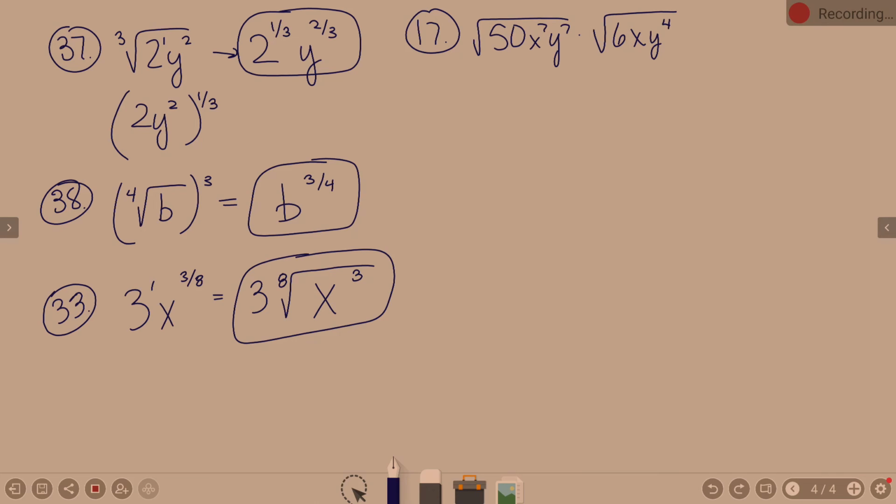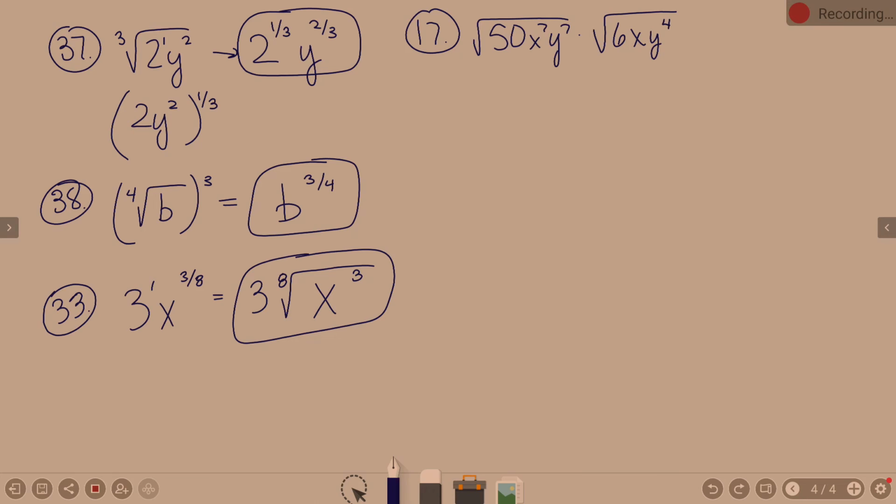Okay, square root 50x to the 7th y to the 7th times square root 6x y to the 4th. Multiply and simplify, assume all variables are positives. That's saying don't mess around with absolute value. That's what that's code for. Okay? I will tell you when you need to consider absolute value, and that was up on 9, 10, and 11. Now, multiply and simplify.